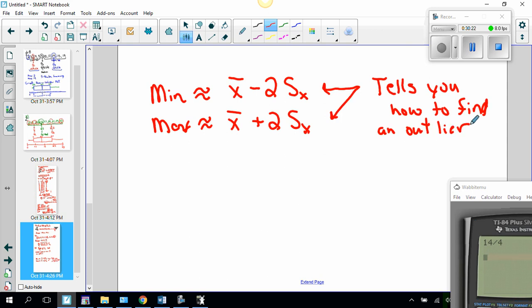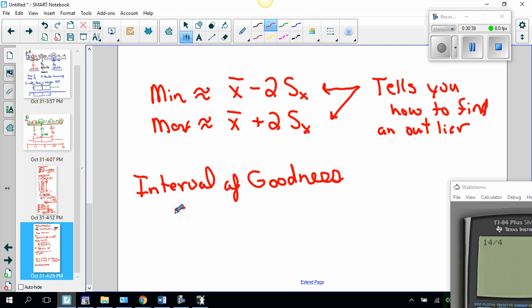So I like to call it my box of goodness. Here's what I like. This is the interval of goodness, and it is x bar minus 2sx and x bar plus 2sx.